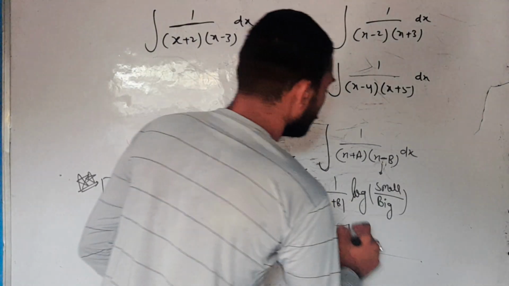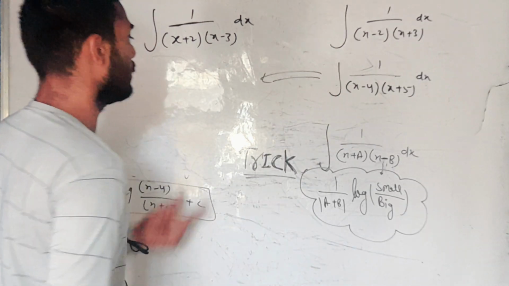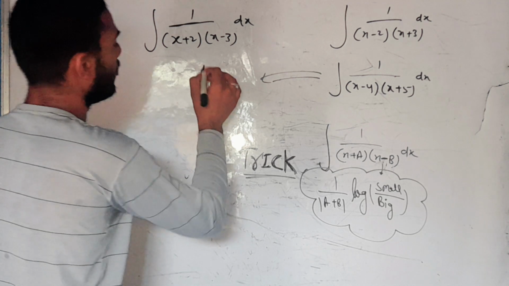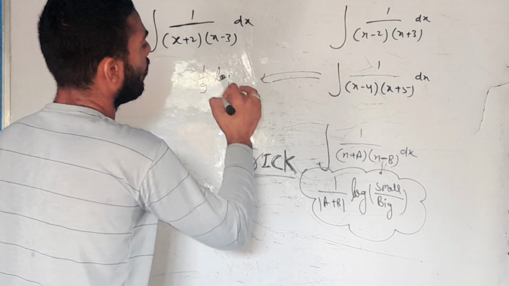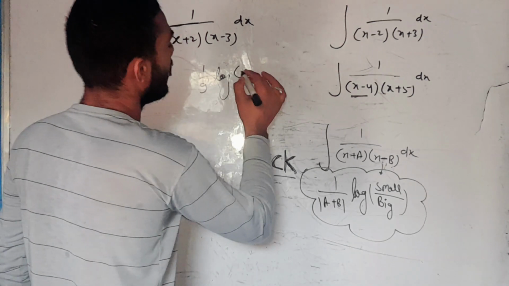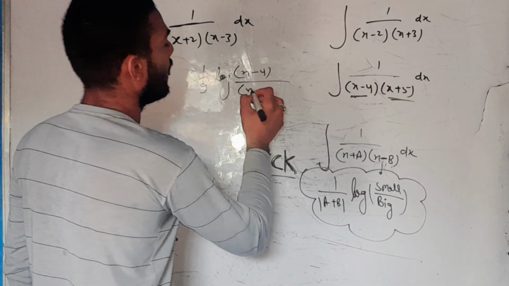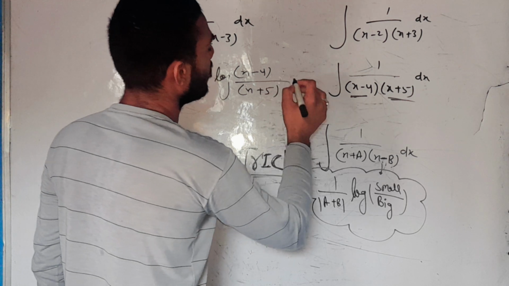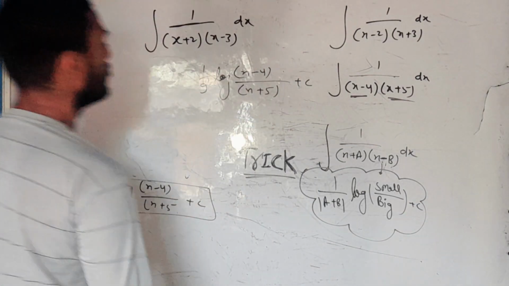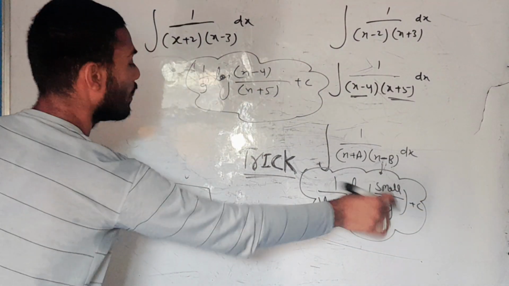By applying this trick, for this question 4 plus 5 equals 9, so the answer is 1 upon 9 log of small, x minus 4, over big, x plus 5, plus c, the constant of integration, for any integration.